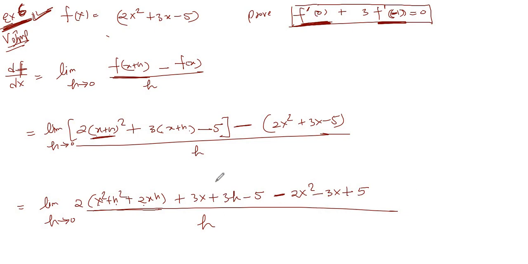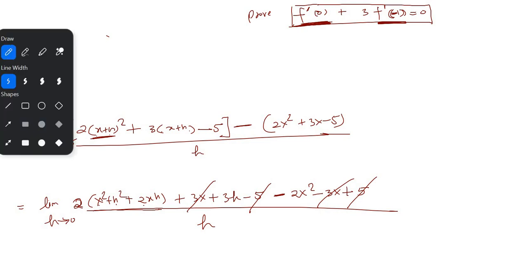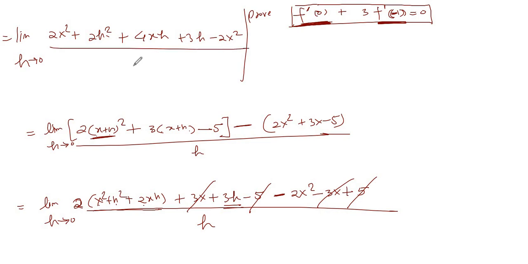Now if you see, I think 3x will cancel and 5 will cancel. Let me open and simplify it here. So it will become limit h tending to 0 of [2x squared plus 2h squared plus 4xh plus 3h minus 2x squared] by h.